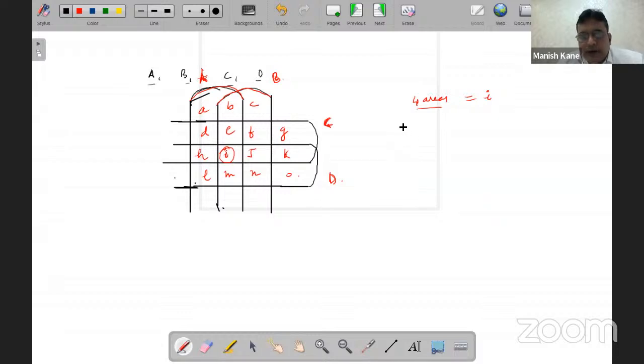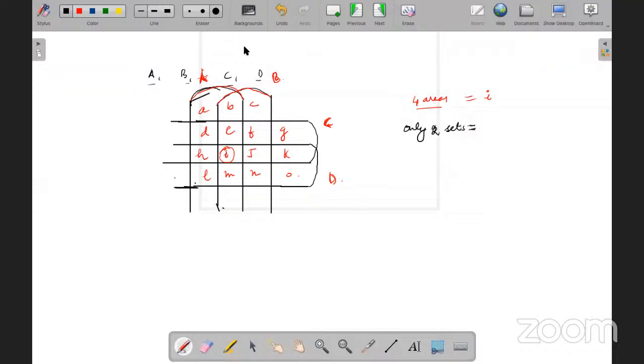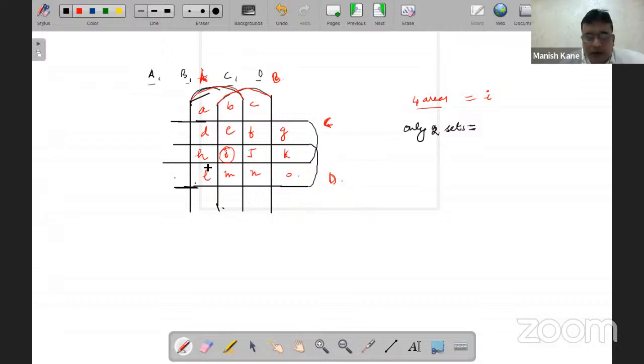Similarly, can you tell me a region which is common to only two sets? Now, which are the areas which are common to only two sets? Anyone? Sir, E, okay. E is one of them. So E is common to A and D, absolutely.